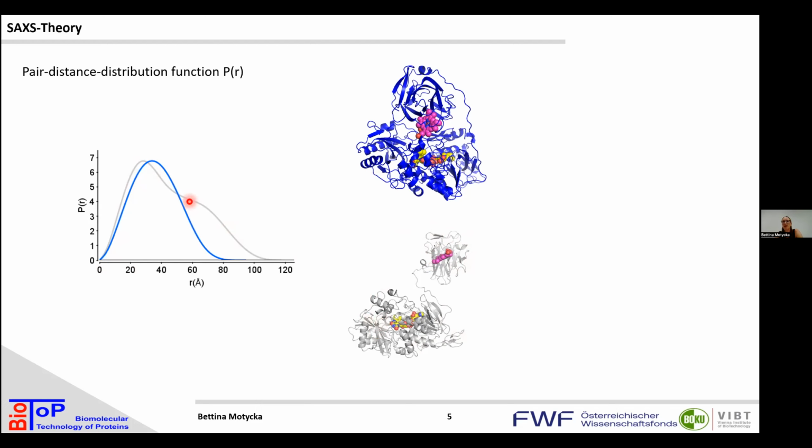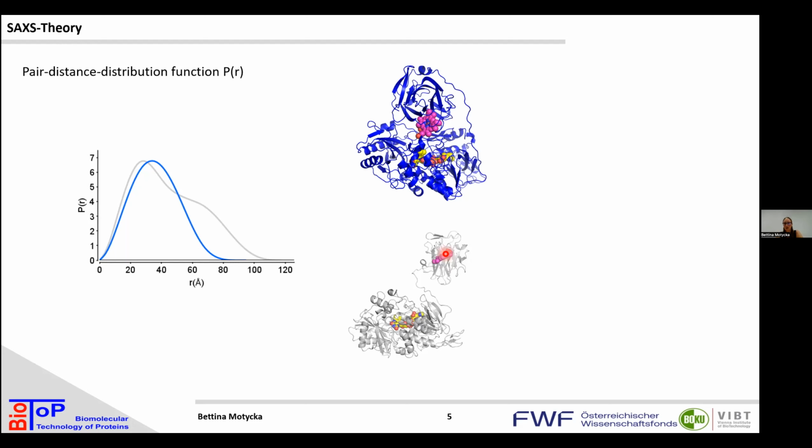This shoulder is due to the long distances you have now between these two domains. So with this theoretical calculation, you can see nicely that even if it's the same protein, so you have the same sequence, due to conformation you see a difference in the SAXS curves.